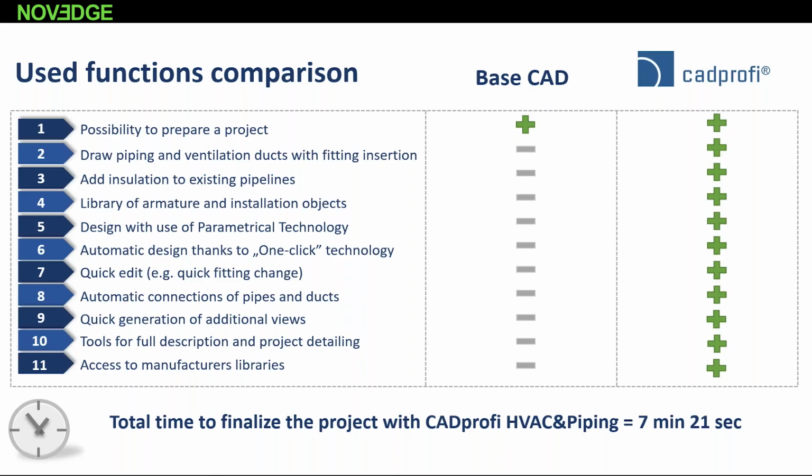We used also a lot of our additional functionality like one-click technology, automatic design, the quick edit command. There you could have seen also automatic connections of pipes and ducts. Those are the things that show you in an easy way how you can accelerate your 2D projects with CADprofi add-ons.